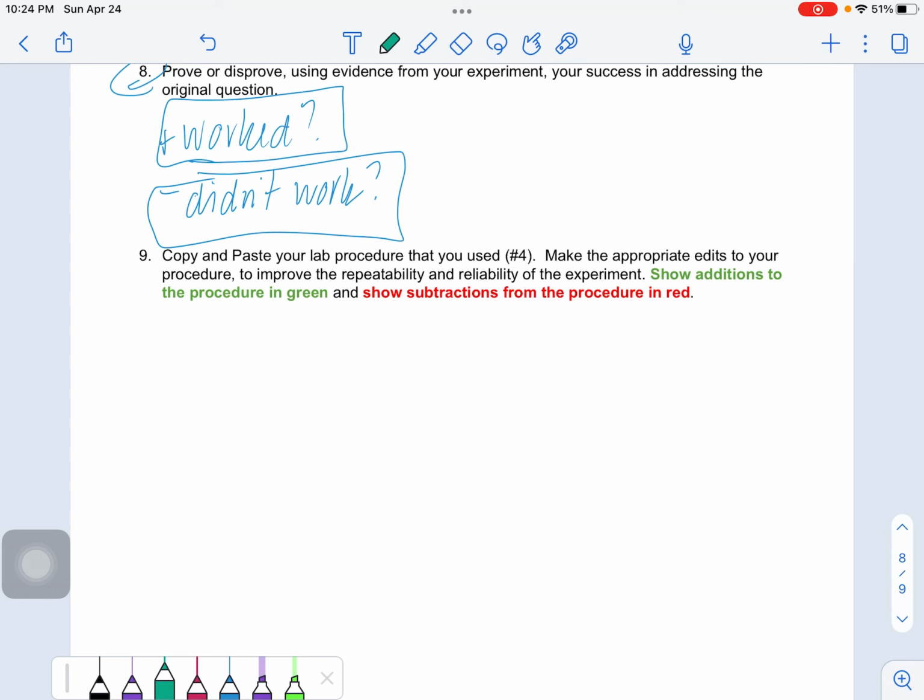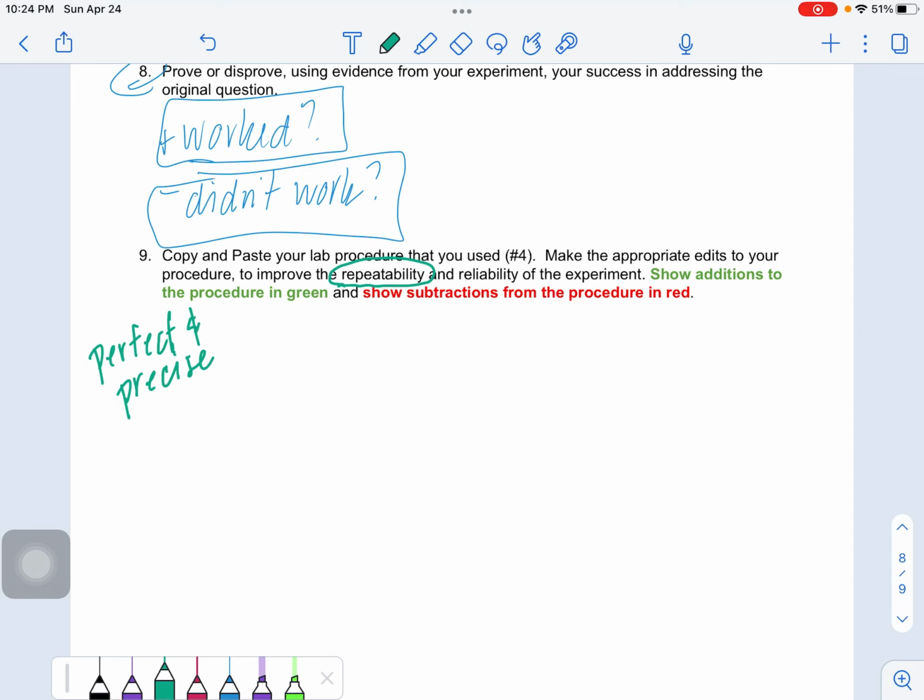But now we've gone through it, and what we want to be able to do is make a perfect and precise procedure with all the details. And what we wanted to be able to do here is make this experiment repeatable. So if we handed our directions to an outside person, they could repeat every single thing that we did to make this lab a success.